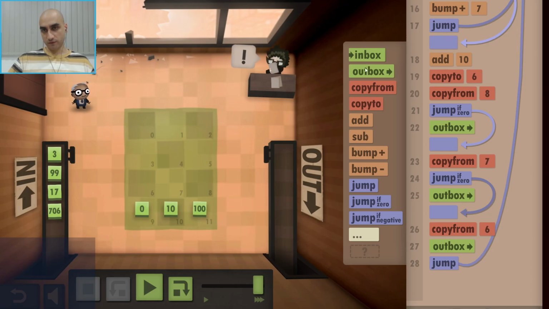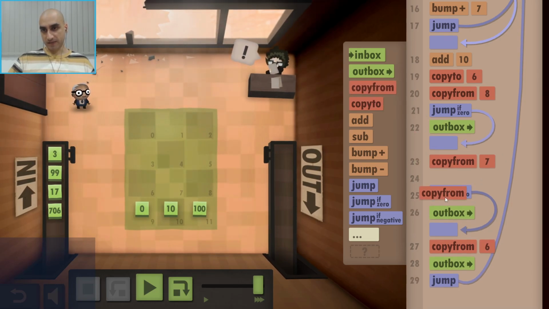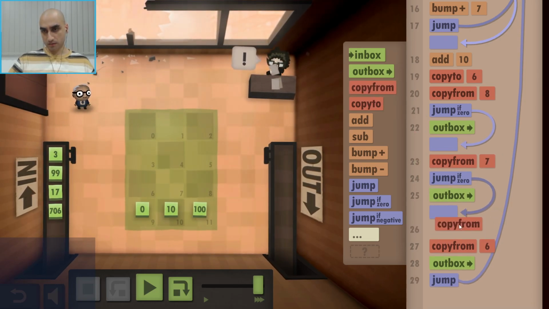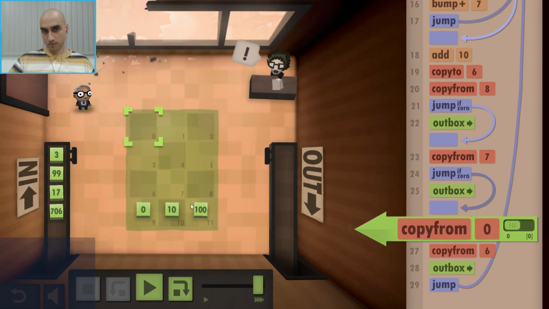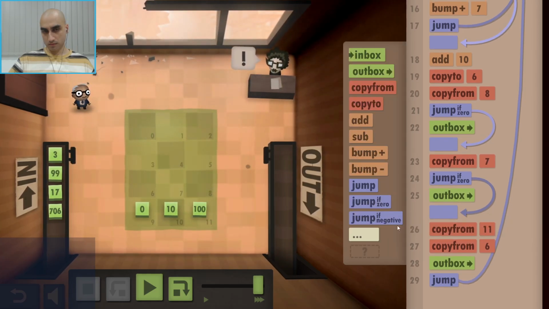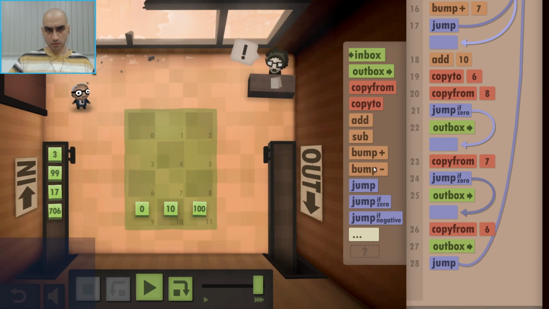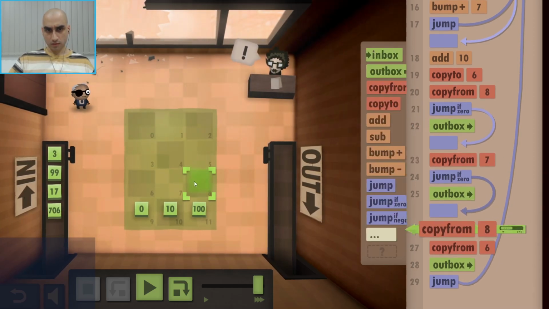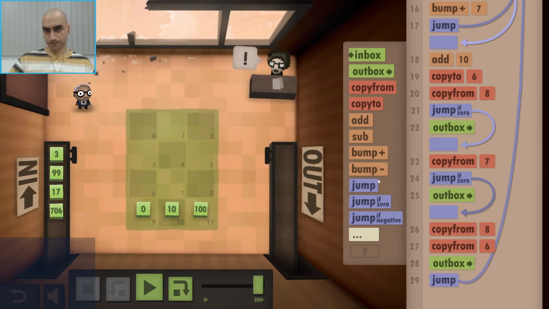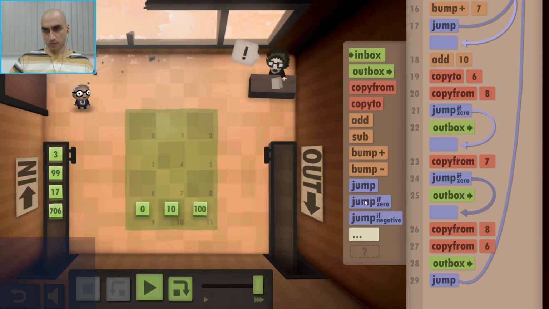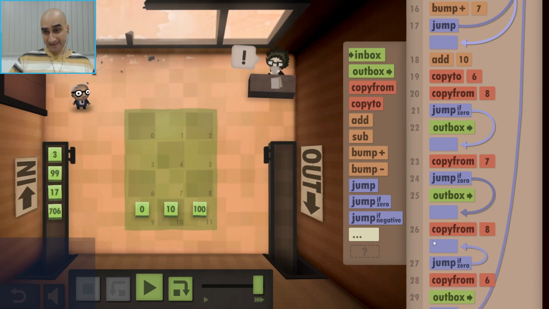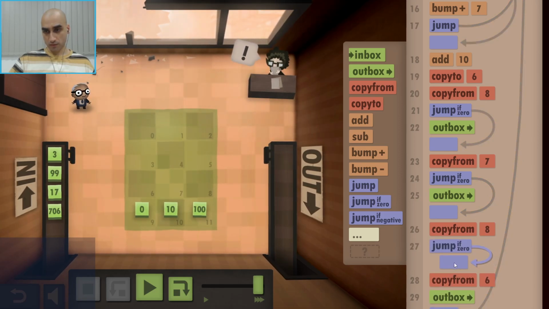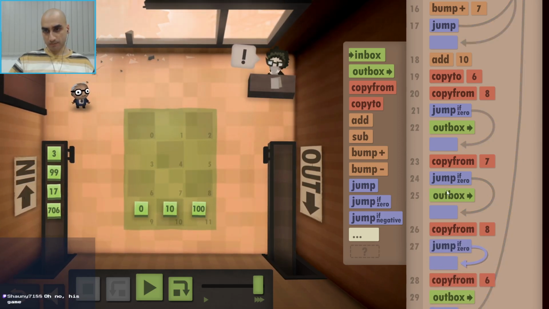Okay. So if we've got a 0, we now have to pick the hundreds up again. Wait, no. Yeah, we pick the number of hundreds. And if it's 0, that's 0 too. Then we skip.